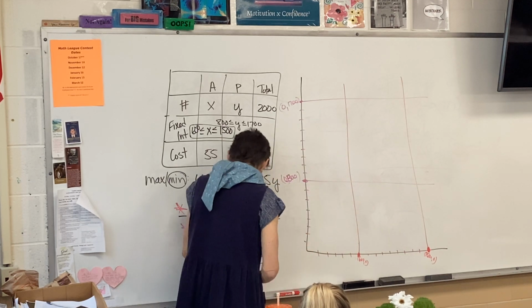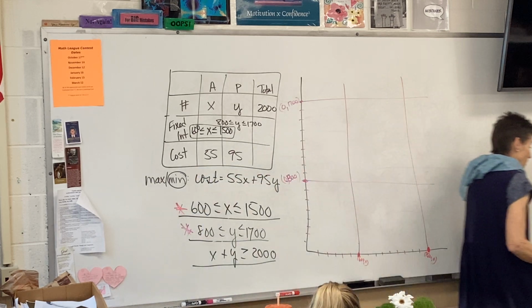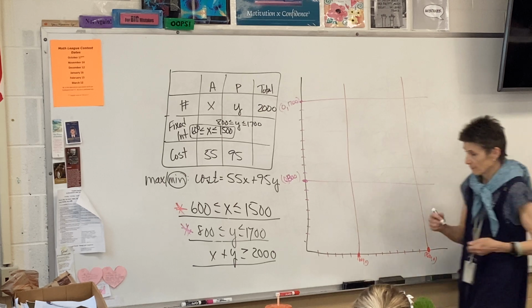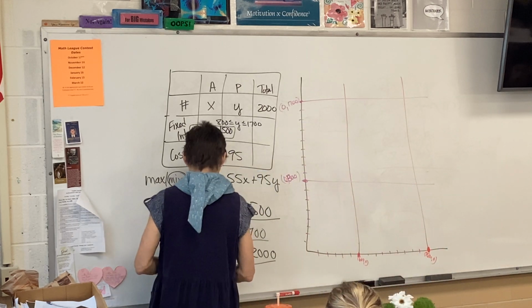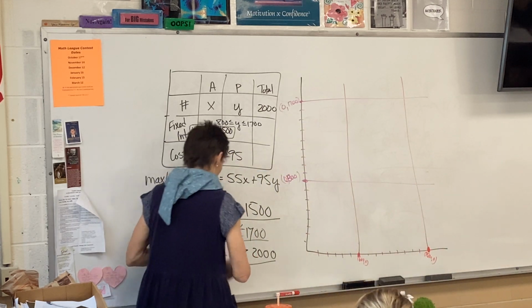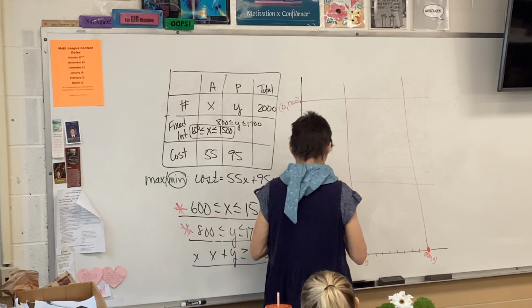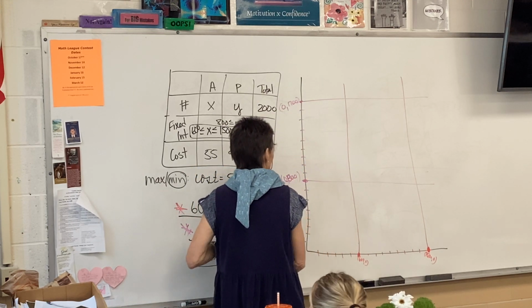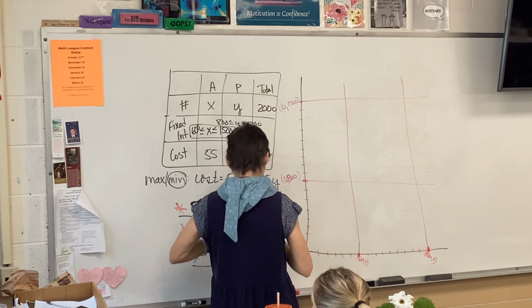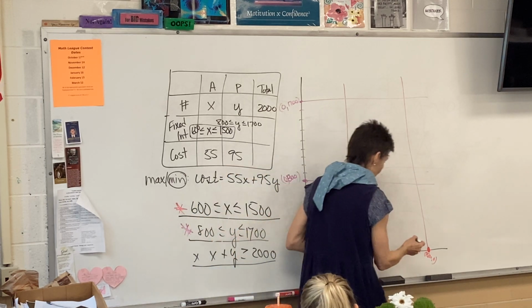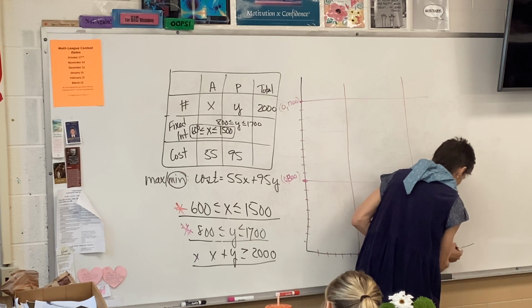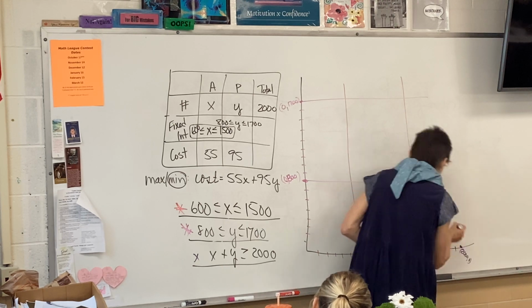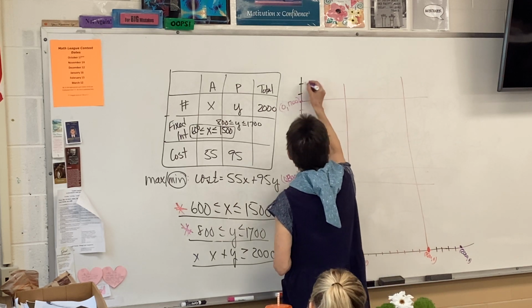All right, so now what happens? Now I put in the diagonal one. All right, so 2,000. And 2,000.